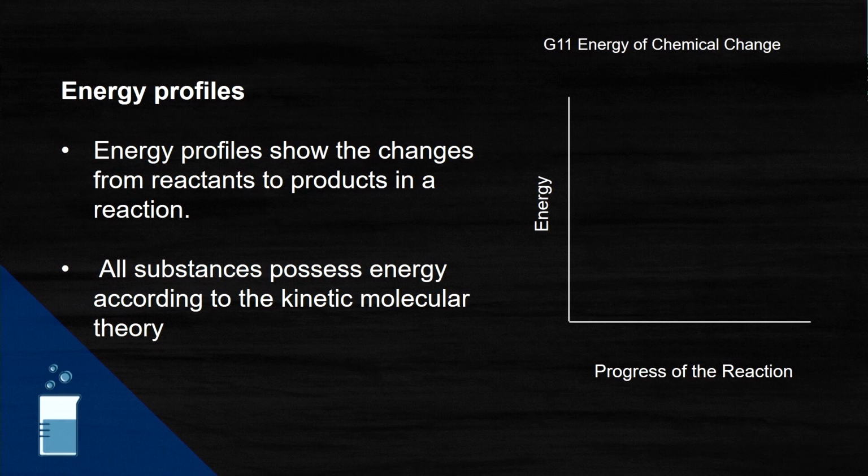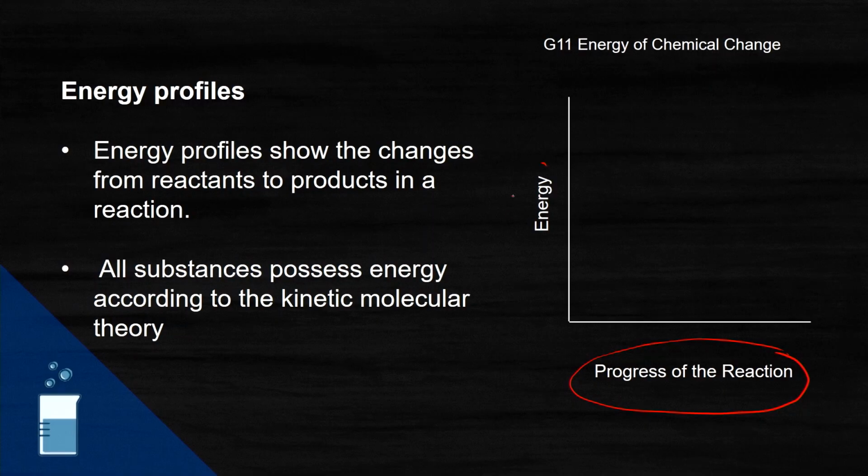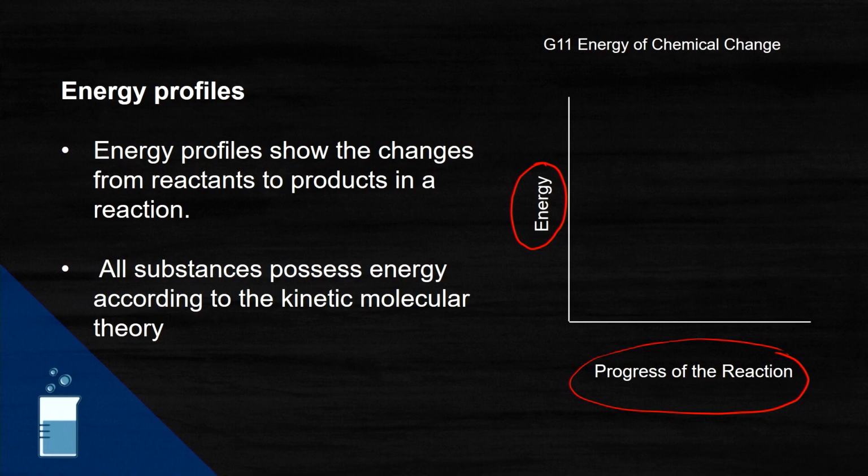So if you look at this graph, it is just a set of axes at the moment, and on the x-axis you'll see that there's a progress of reaction. So as it starts, nothing is happening, and then it starts moving forward. What will happen to the energy of those particles, molecules involved? So an energy profile shows the changes of the reactants moving to products in the reaction.